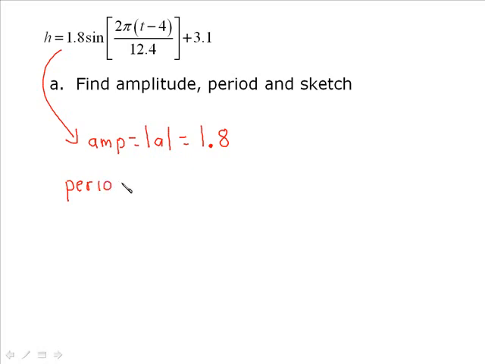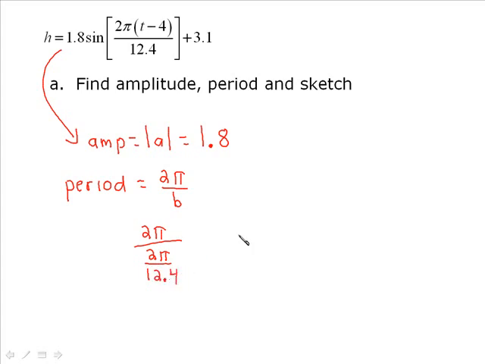You see, the period is always equal to 2 pi divided by b, but you have to make sure that you get the b value. And the b value is in fact that whole thing, that 2 pi over 12.4. So this would be 2 pi divided by 2 pi over 12.4.